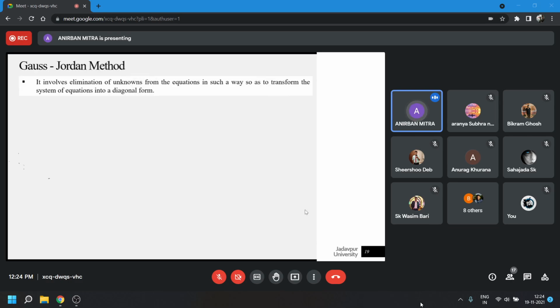In this Gauss-Jordan method, it involves elimination of unknowns again from the different equations, but the final form is not triangular. Remember that in Gaussian elimination, after the forward elimination step was completed, we obtained a triangular form. But here, we do not obtain a triangular form.